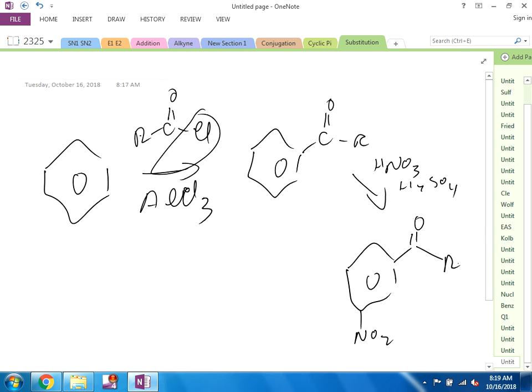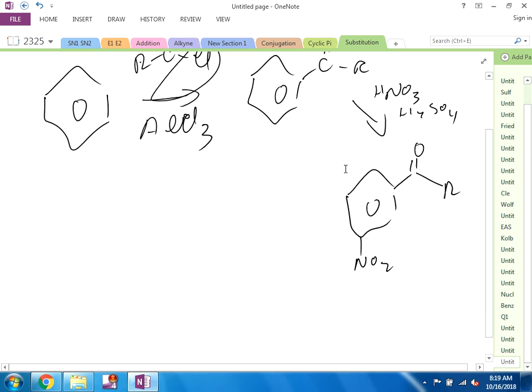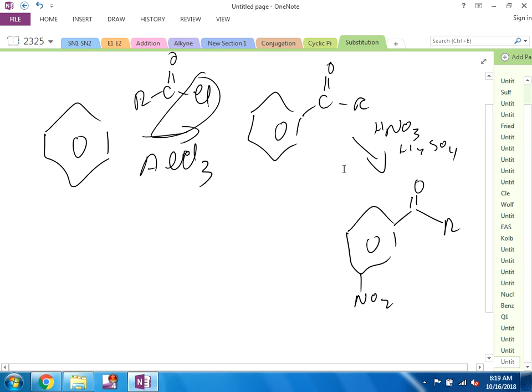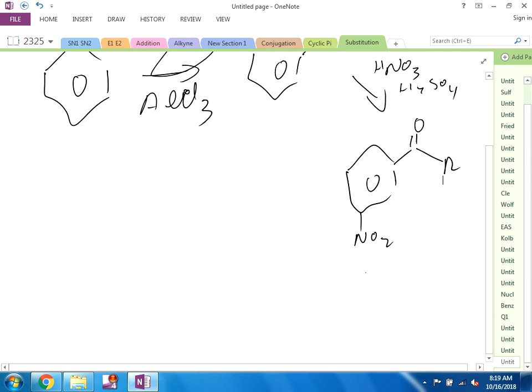But let's change things up a little bit. Let's take this thing, and just to show you the difference, the other day we talked about this reaction. It was one of the carbonyl reductions.